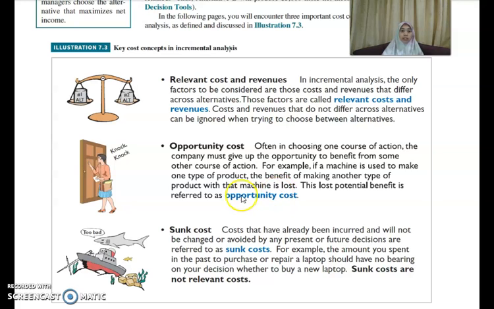If machine A is being used to produce your product, and you take another order, the production cannot continue with the same machine. So in that case, you will lose something. That is your opportunity cost. The lost potential benefit is referred to as the opportunity cost.